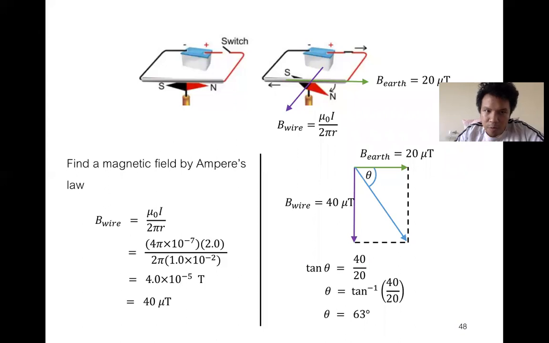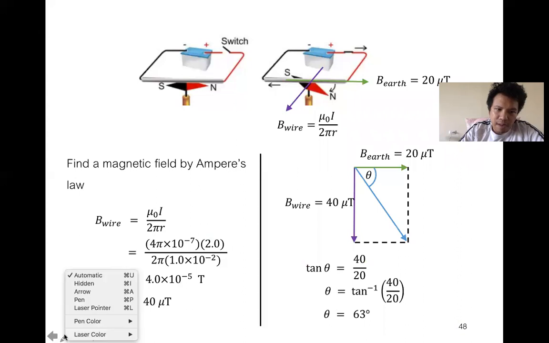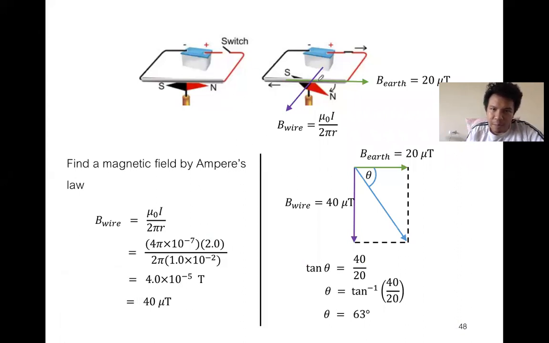We talk about this in detail in the example class again. But what we did here was we tried to find the magnetic field by Ampere's law. So this is the B wire, and then we have the distance r from the wire to the compass, and this is where we want to find the magnetic field.